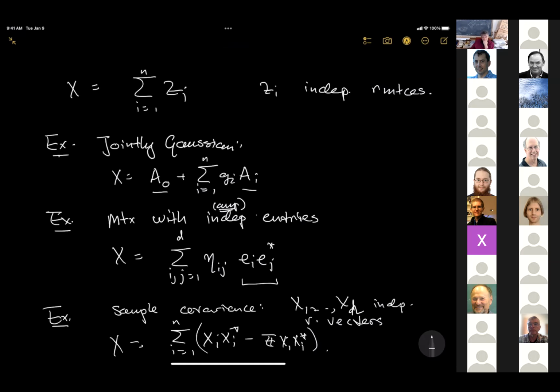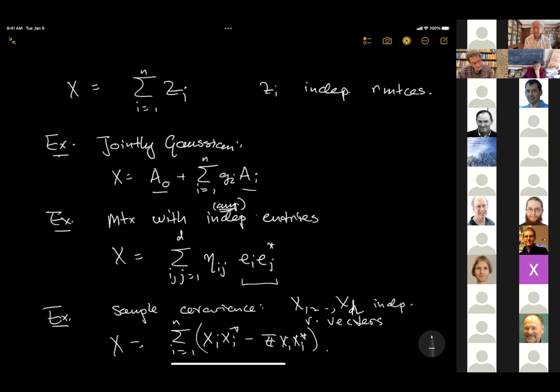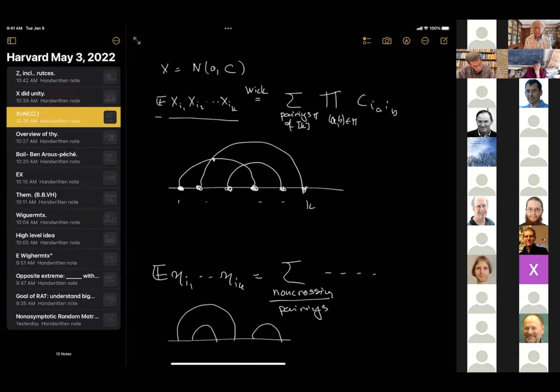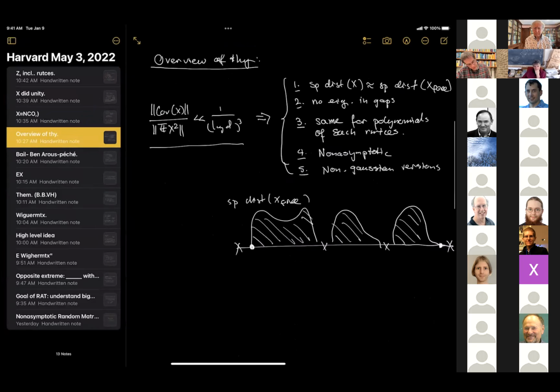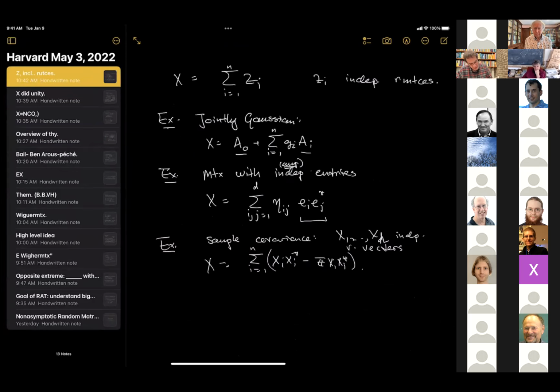So the way that we deal with such models is we basically have a counterpart to this principle. This principle over here shows that under this very mild condition, or mild, whether it's mild depends on the application, but in many cases it's very mild, the Gaussian random matrix X behaves like X free. So we have a complement to this, which says that there is some quantity, which is the maximum of the size of the Zi's divided by the expectation of X squared.